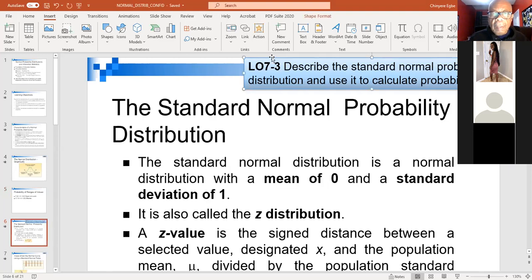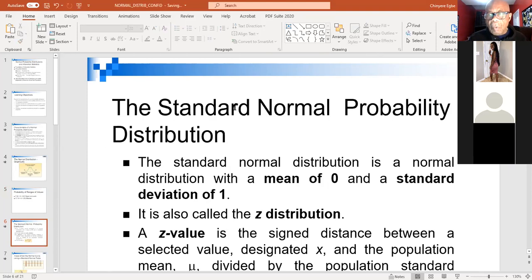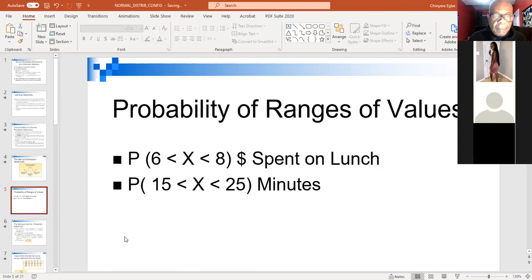Like we said, the area under the normal distribution is always equal to 1. So this probability is always going to be between 0 and 1. The probability that the average student travels between 15 and 25 minutes is going to be less than 1. Or ask yourself a simple question: what percentage of students travel between 15 and 25 minutes?